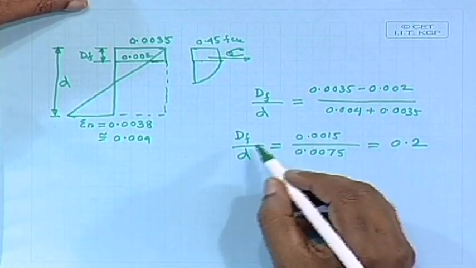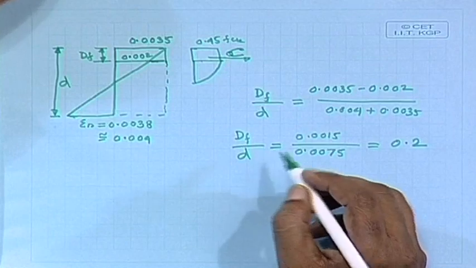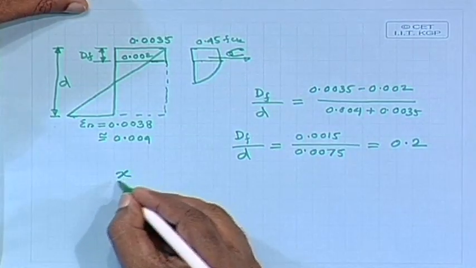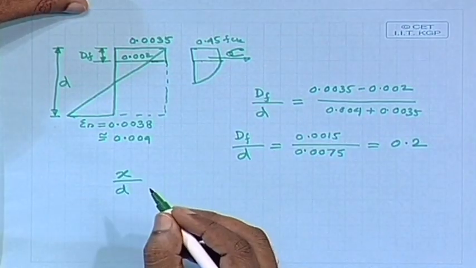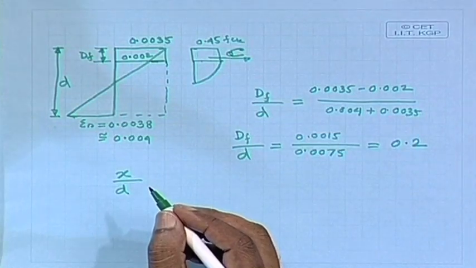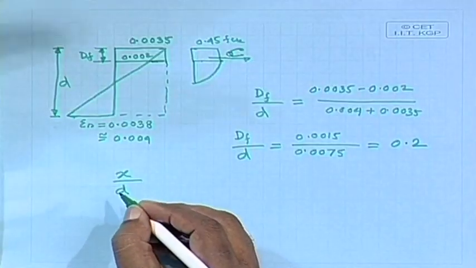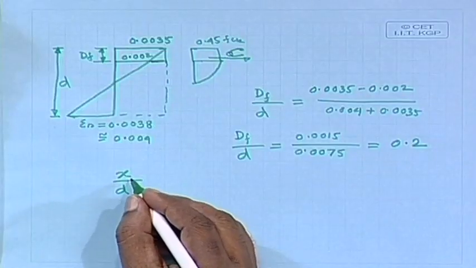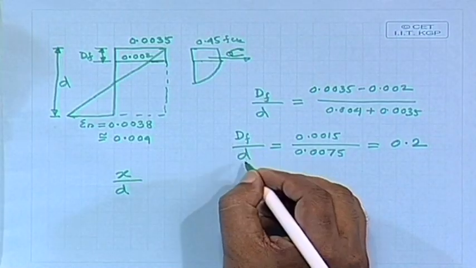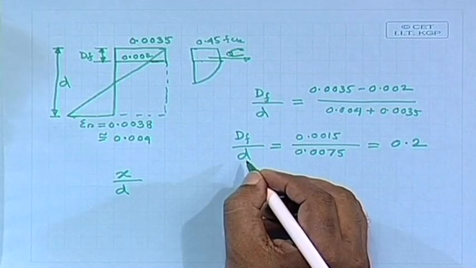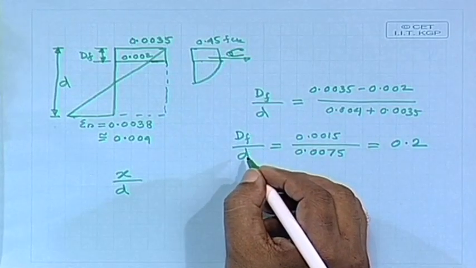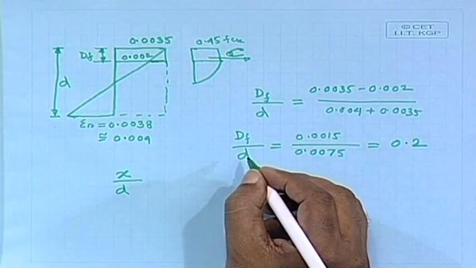That means, if we can get xu by d, x by d is related to the neutral axis: neutral axis from the top fiber divided by the effective depth, that we calculate. So, x by d we can calculate either from the moment or from the section. If x by d is less than dF by d, then we can say that it is within the flange.